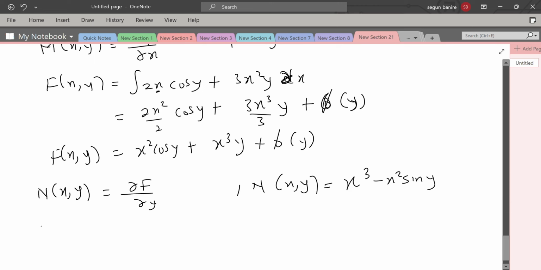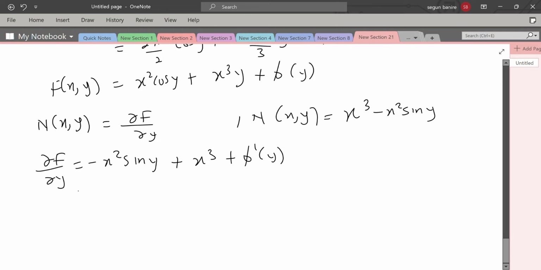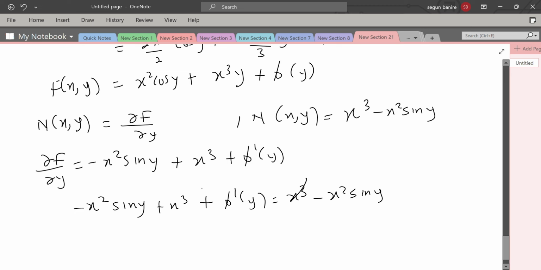That is your N. So we just need to find this derivative and then we equate them. Differentiating this with respect to y, you get minus x squared sine y plus x cubed plus phi prime of y. Let's equate both of them. Minus x squared sine y plus x cubed plus phi prime of y equals x cubed minus x squared sine y. This cancels this, this will also cancel this. We only have phi prime of y equals 0.